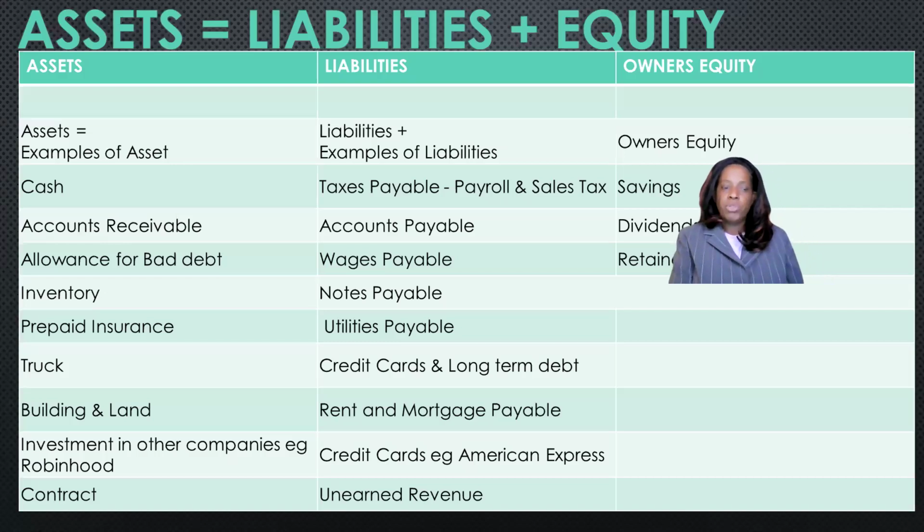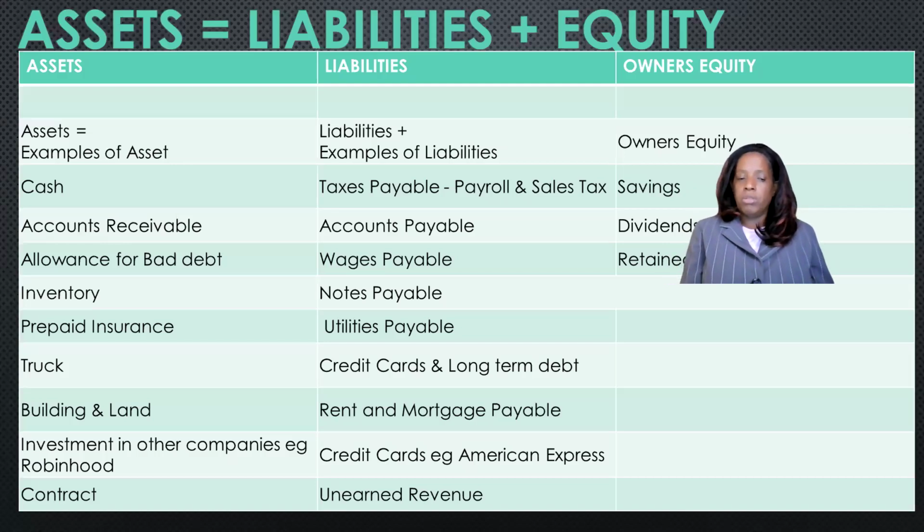So again, these are examples of some assets: cash, accounts receivable, allowance for bad debt, inventory, prepaid insurance, truck, building and land, investment in other companies. Those are assets. Let's look at the liabilities: taxes payable, accounts payable, wages payable, notes payable, utilities payable.